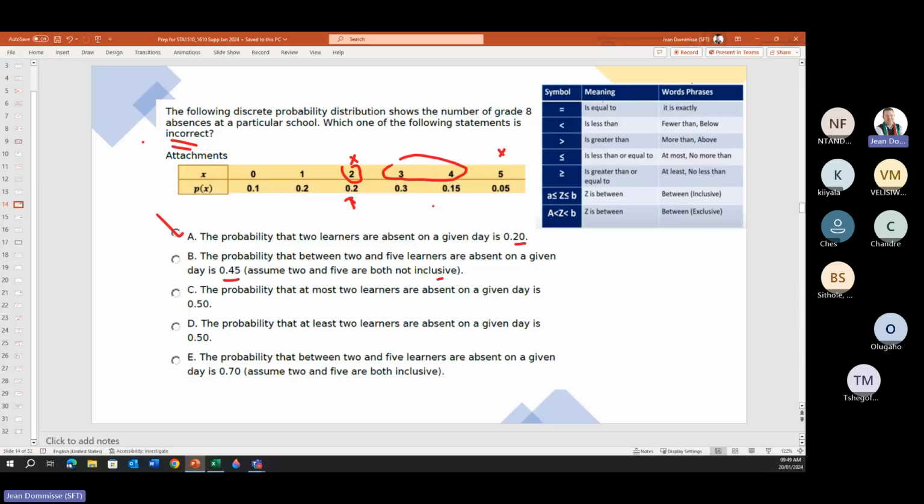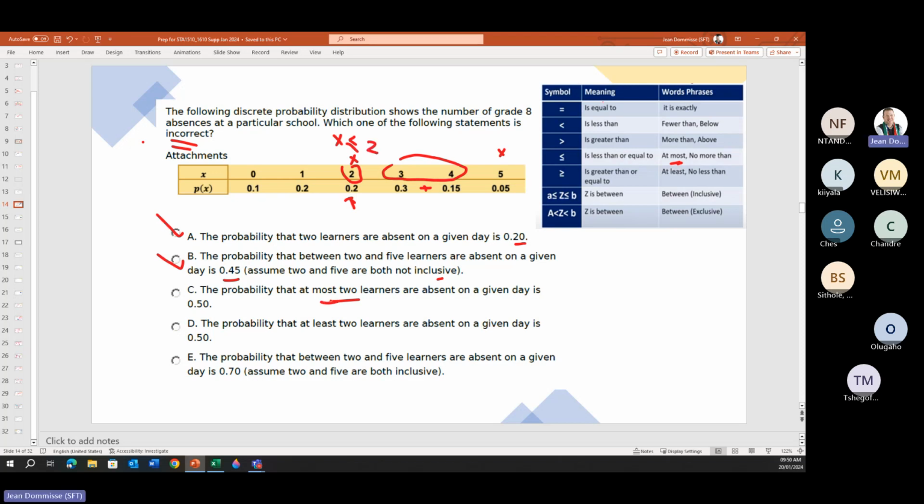Okay, so between 2 and 5 is looking at 3 and 4. So 0.3 plus that 0.15 is 0.45. Okay. The probability that at most 2 learners are absent. Okay, let's check. At most 2, so smaller or equal to 2.